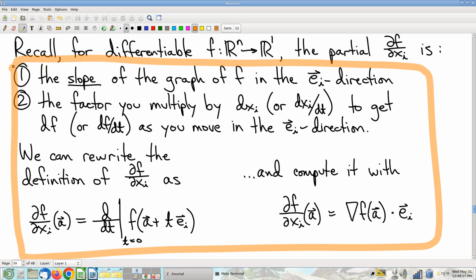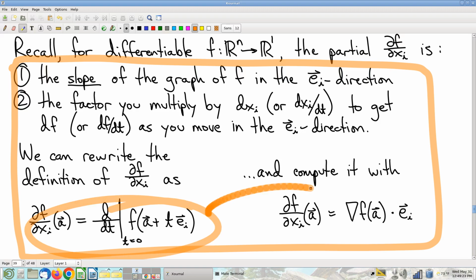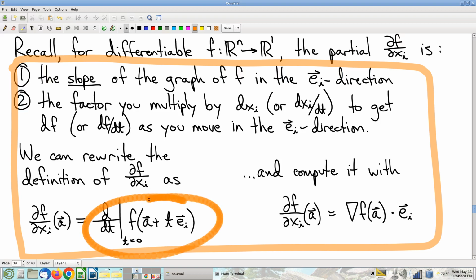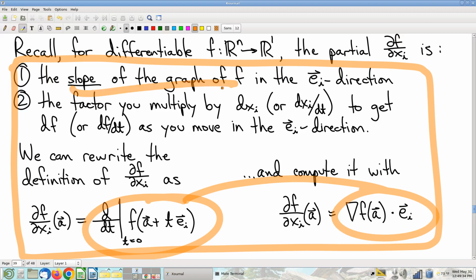So what we're going to find is that there's something that we can define that's going to look a lot like this, let me be careful with this. It's going to look a lot like this. And it's going to be computed by that formula, and it's going to be the slope of the graph, and it's going to be a multiplicative factor, all with respect to moving not in the EI direction, not with the vector EI, but with just other unit vectors in that place.